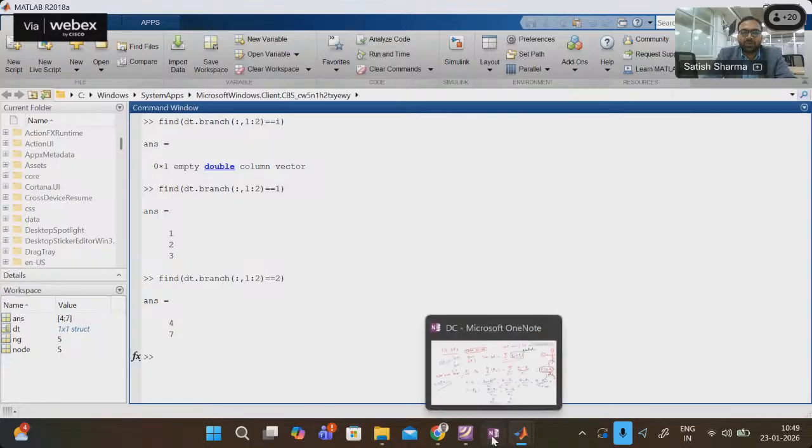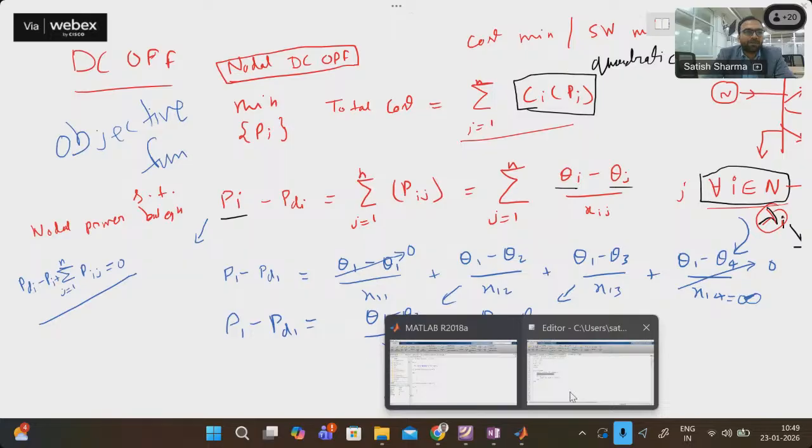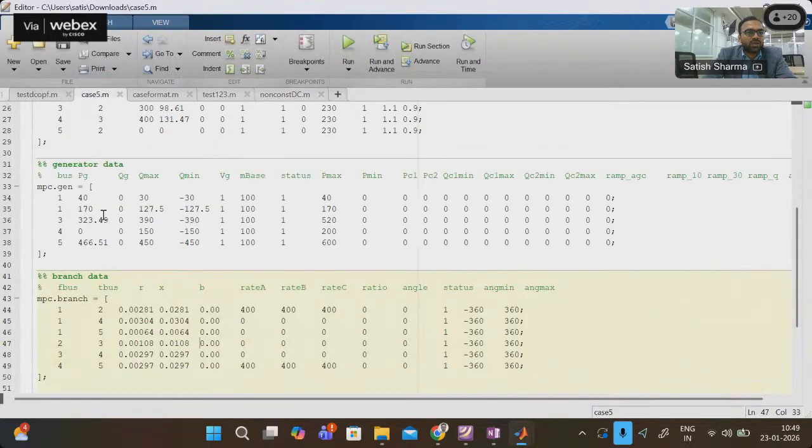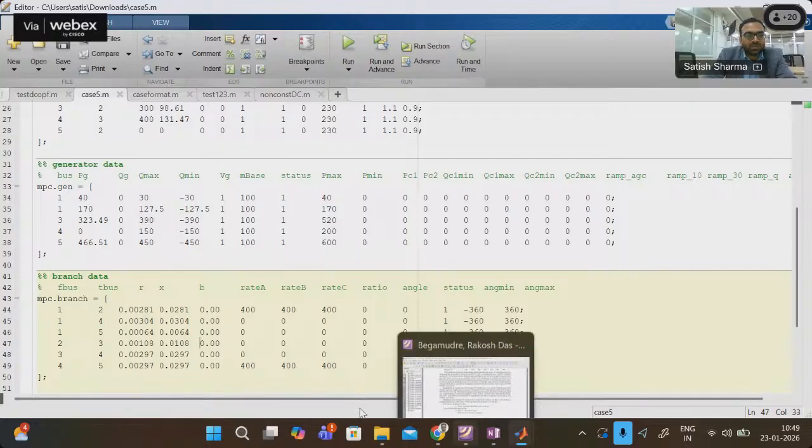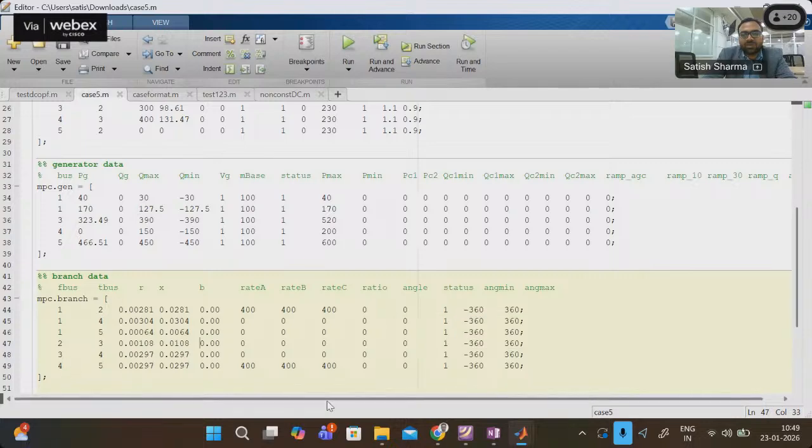If you look at this particular information here in the case 5, 1 is connected at number 1, 2, and 3. 2 is connected at 4 and 1. And what we have obtained here is 5, 6, and 7 basically.